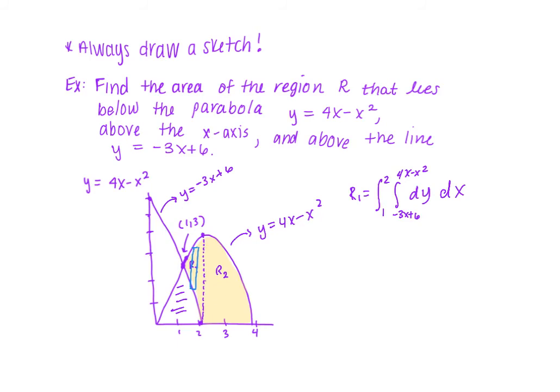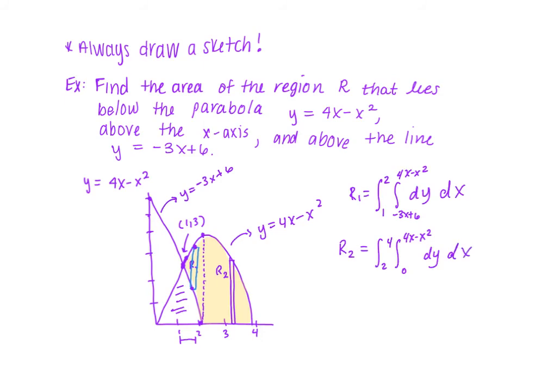So I'm going from 1 to 2 for x, and I'm going from my line to my parabola for y. Region 2, I'm also going to do a vertical integral here. Region 2 for dy goes from 0 up to my parabola, and from 2 to 4 for my x.